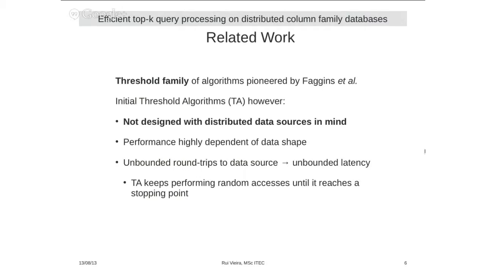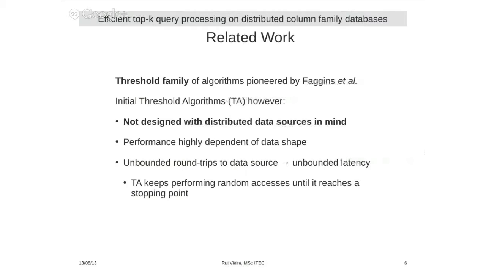It is highly dependent on the distribution of the data, whether you're dealing with highly skewed or lowly skewed data. And most importantly, perhaps, it's not deterministic in terms of latency, because it's unbounded in terms of round trips. It keeps reading from the data source until it's satisfied it's found a threshold. So we cannot say for sure that our latency will be bound to a certain level.